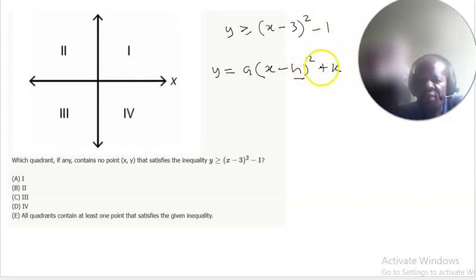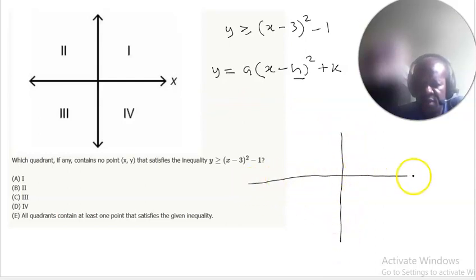So on that graph, the x coordinate of this parabola at the turning point is 3. So if we plot the graph, let's say this is 3. The minimum point is minus 1, which is the value of k.